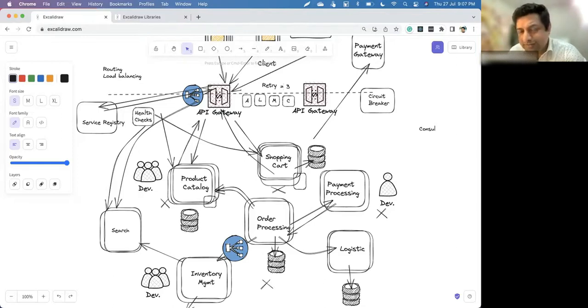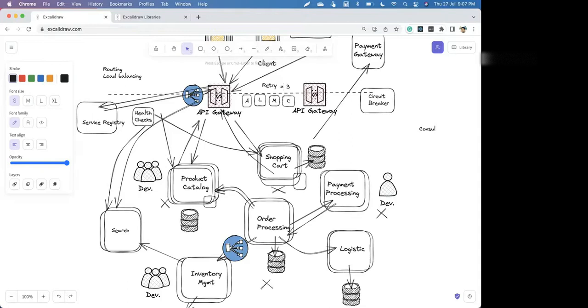In case no response is there, you just show a message saying this service is not available, please retry, and once it becomes available, then that feature will be available. Otherwise, until then, this feature will not be available. So this is about the retry pattern. Every configuration would be done at the API gateway level.